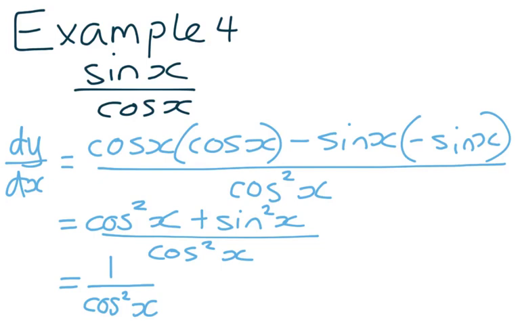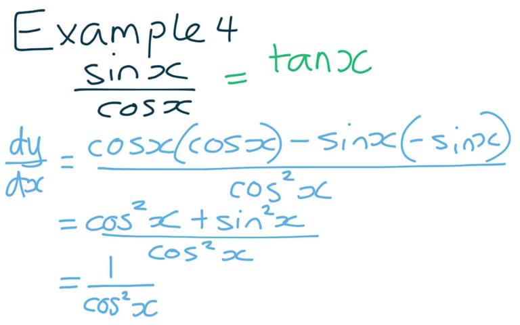Now, just as a bit of a recap, sine of x over cosine of x from our unit circle is actually equal to tan of x. So it means that our derivative of tan x is equal to 1 over cosine squared x.